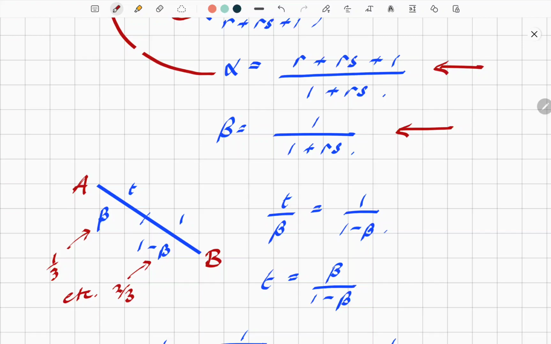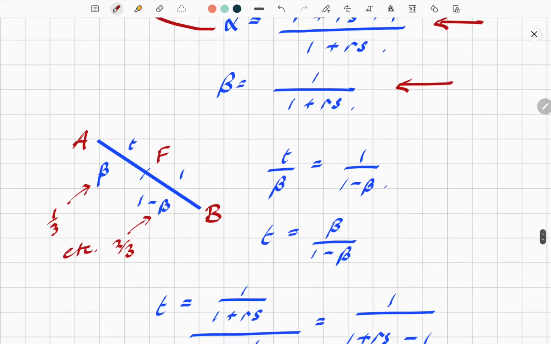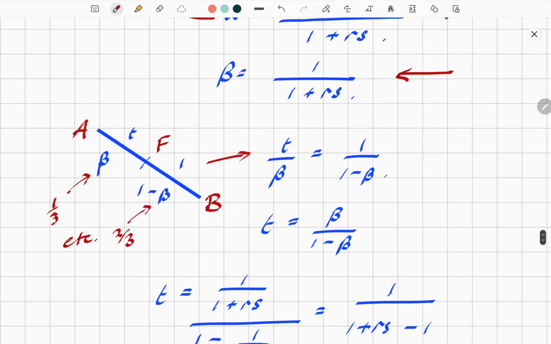It's just a representation. And we know that the question said that AB is split by F in the ratio of AF to FB being T to 1. All right. So therefore, from this, T over beta must equal 1 over (1 minus beta). Tidy it up. You get that one there.